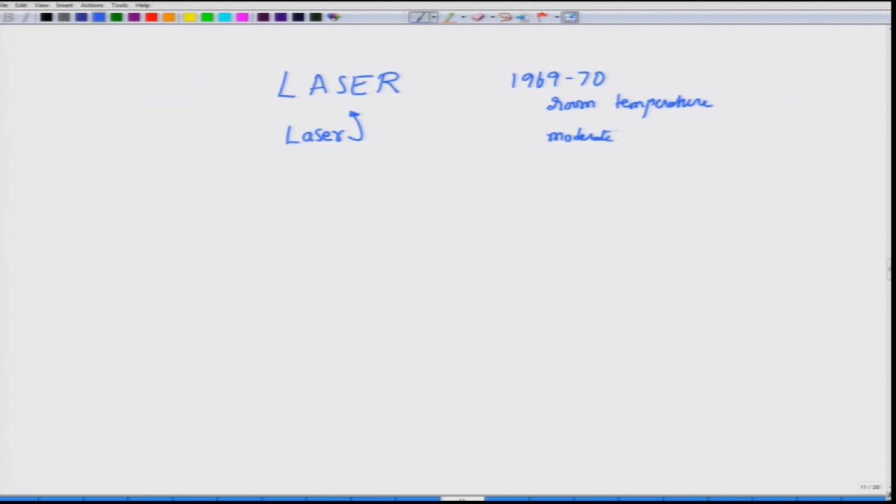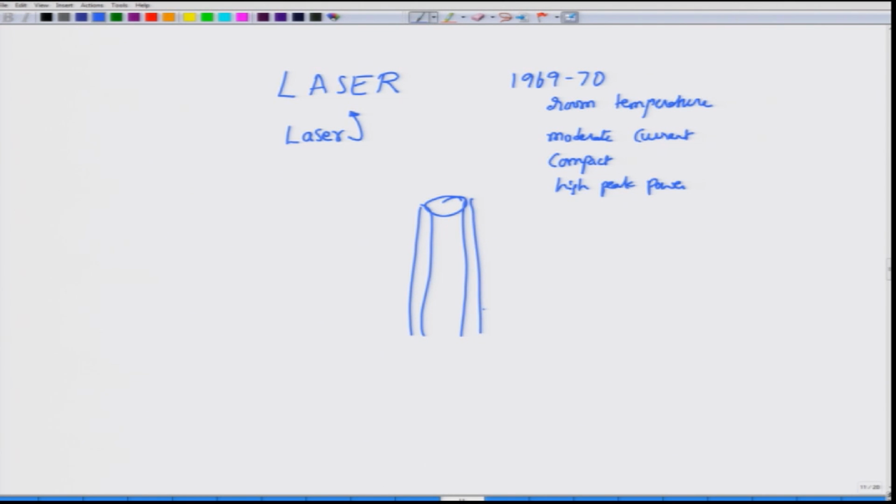A few milliamperes of current was sufficient, and these light sources were also compact, could produce reasonably high peak power, and we could efficiently launch their light into the optical fiber. During this time, 1969-70, is when we also got low loss optical fibers.